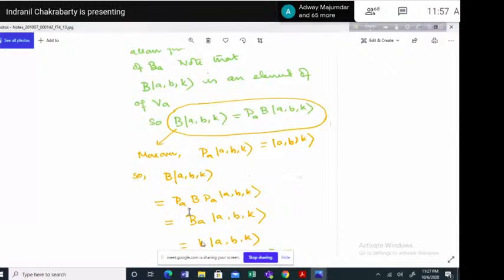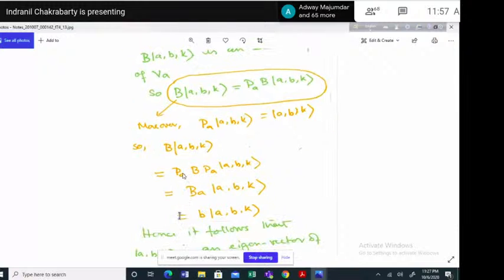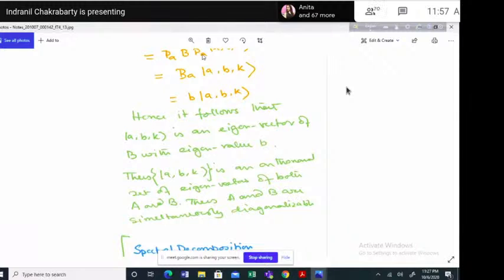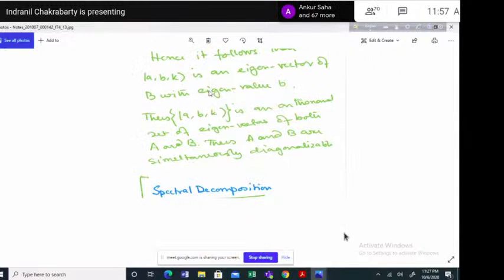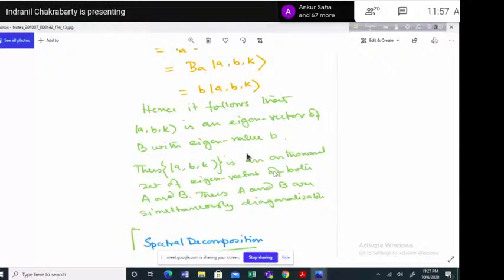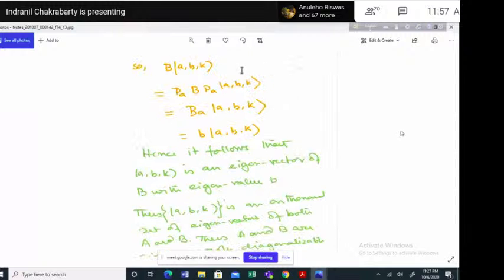So we see that |a,b,k> is an eigenvector not only of BA but also of B. We started with |a,b,k> as an eigenvector of the observable A, but it turns out to also be an eigenvector of the observable B, because of the commutative property. So |a,b,k> is an orthonormal set, and both A and B are simultaneously diagonalizable.